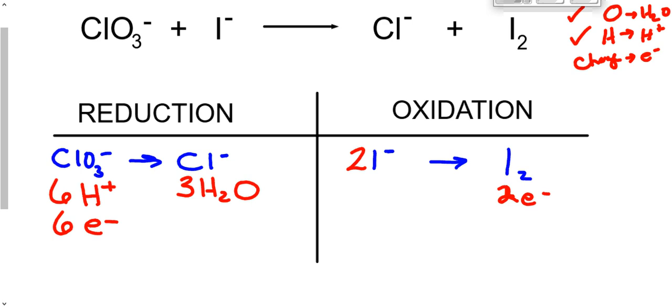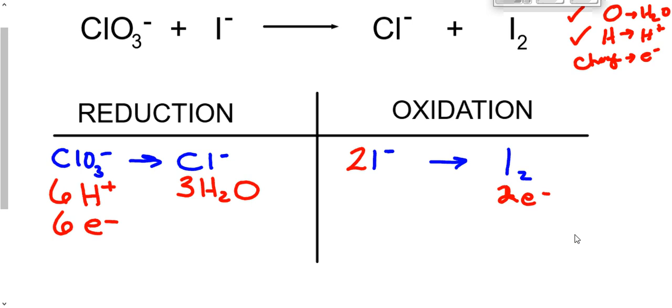We know reduction is the gain of electrons, so we really should be seeing electrons coming in as a reactant on the reduction half-reaction. I also know that oxidation is a loss of electrons, so I should really see my electrons being on the product side, shown as coming off on the oxidation half-reaction. If we don't have electrons on opposite sides of the arrow between my two half-reactions, you've done something wrong. You may as well stop here and find it.